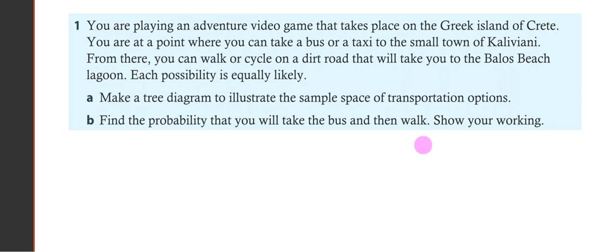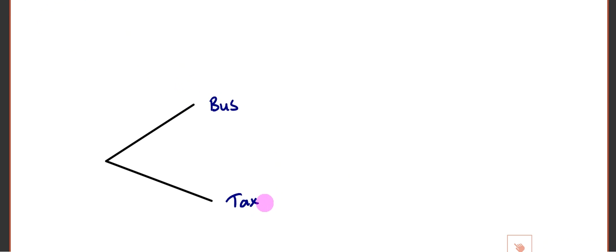Make a tree diagram. So hopefully people have been all right with the tree diagram, because we start and our first pair of options are bus and taxi. Now, both of those things go to the same place, yeah?